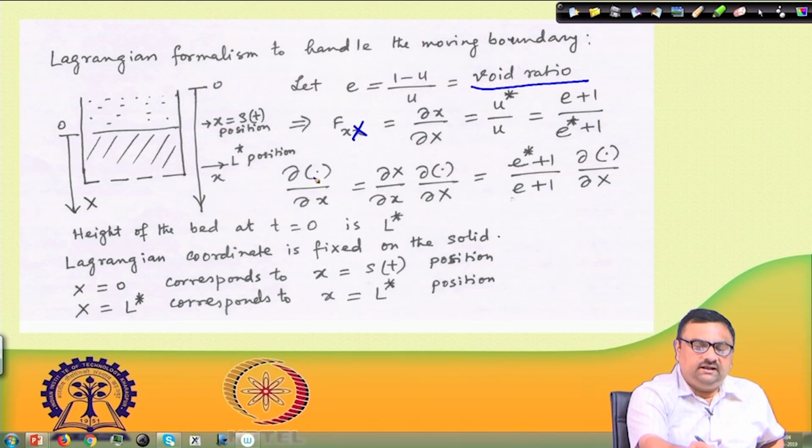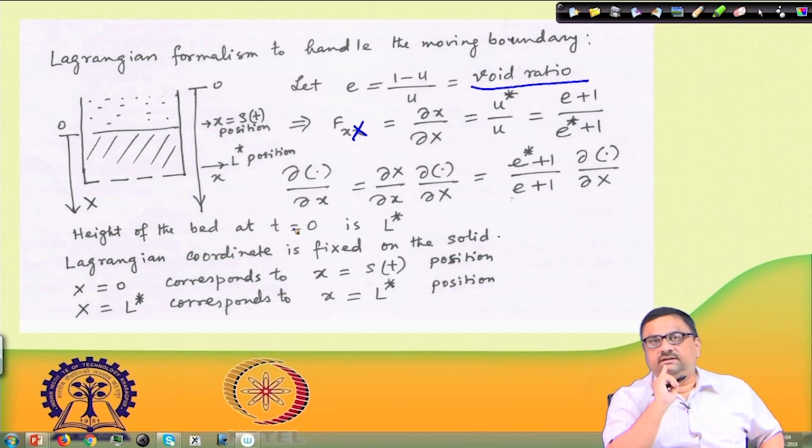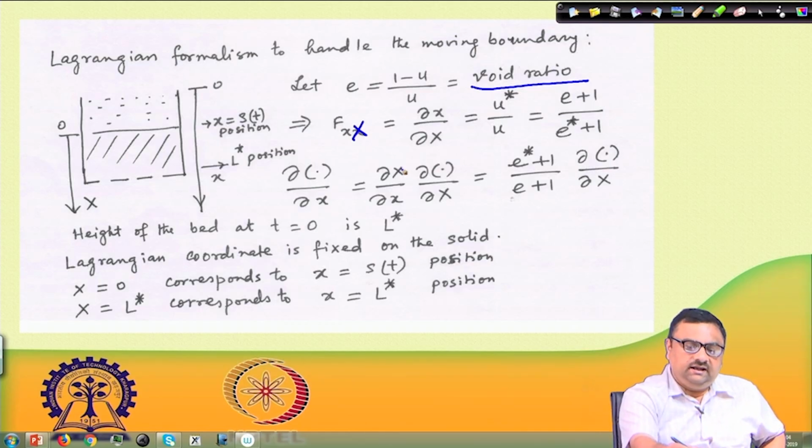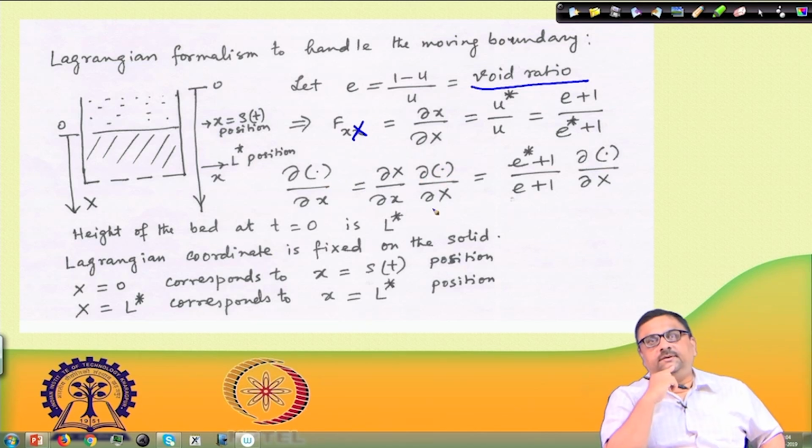So, any derivative with respect to small x can be written as del capital X del small x and del of that quantity, which I have written within bracket and with a dot. So, this quantity with respect to capital X.